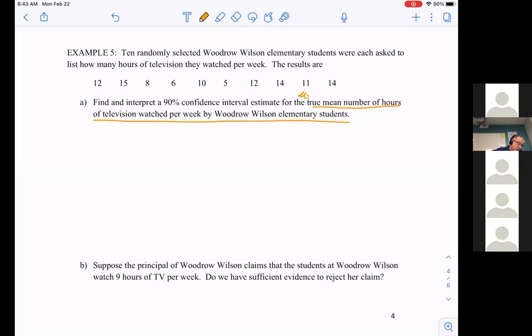My assumptions: random sample of Woodrow Wilson students. Done. Okay, here's where it's going to get a little bit tricky.